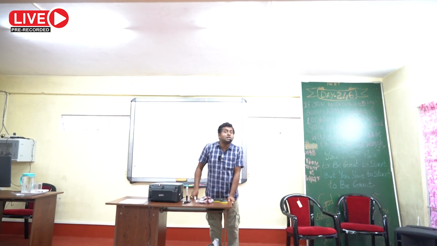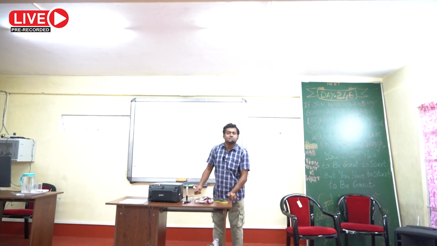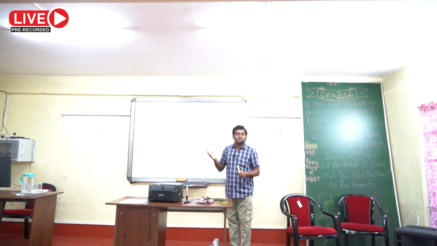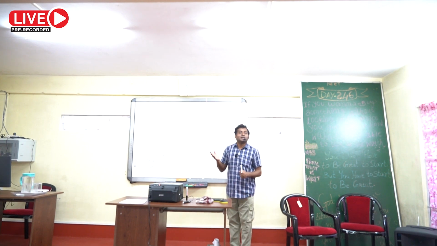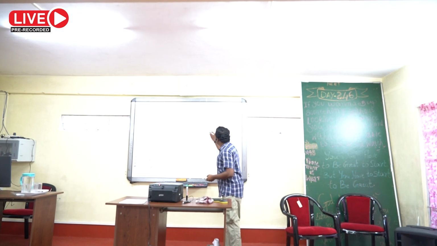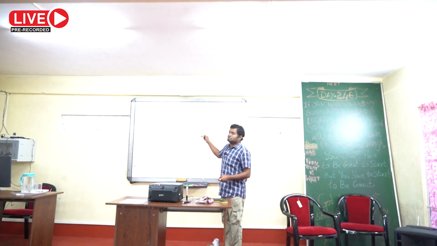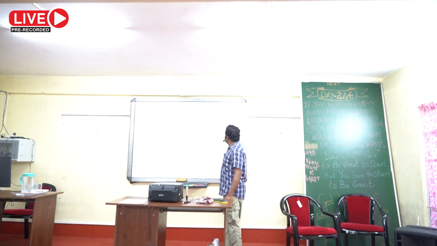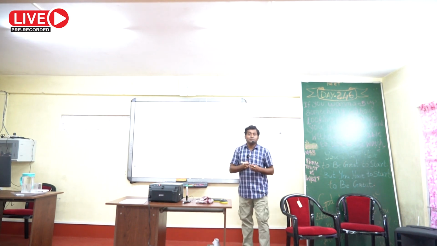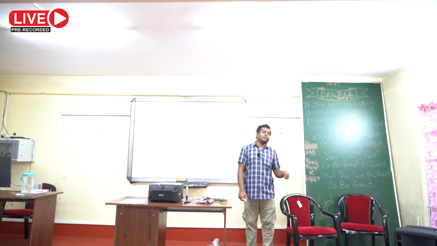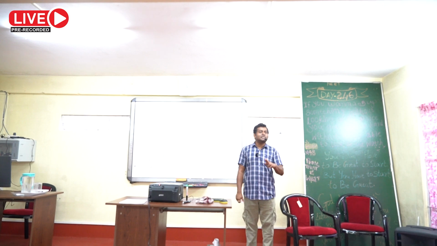And this is 1 by time period. 1 by time period means frequency. So whose frequency? Frequency of hearing loud sounds. So that is called the beat frequency. And what is beat frequency? Delta f means the difference of frequency of the interfering waves. So if one is 515, another is 512, then what is the difference of frequency? 3.